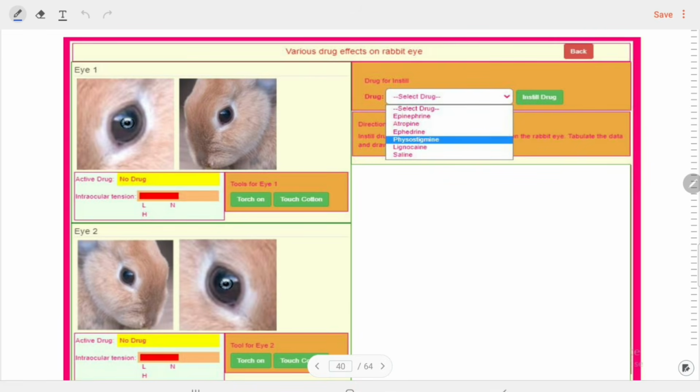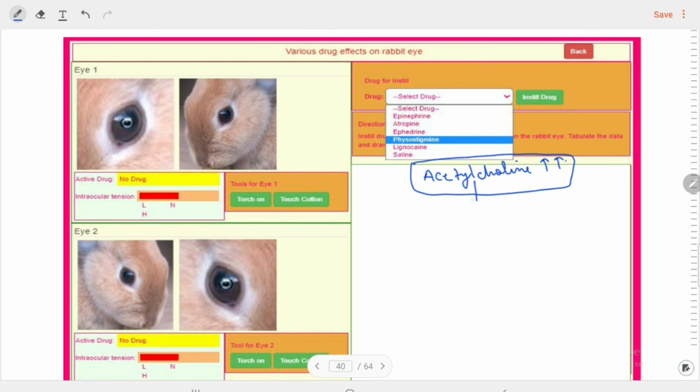Next drug is physostigmine. We all know that physostigmine is an acetylcholinesterase inhibitor, leading to an increased amount of acetylcholine in the synaptic cleft. If acetylcholine is increased, that will act like the drug acetylcholine.